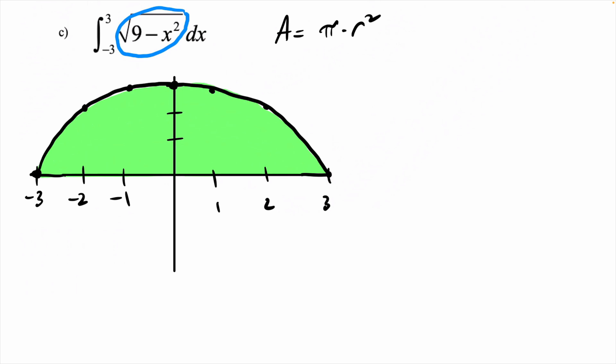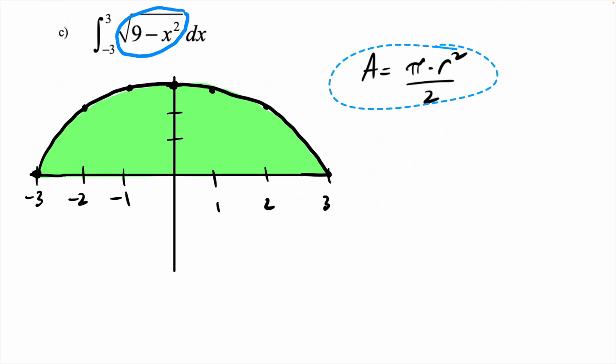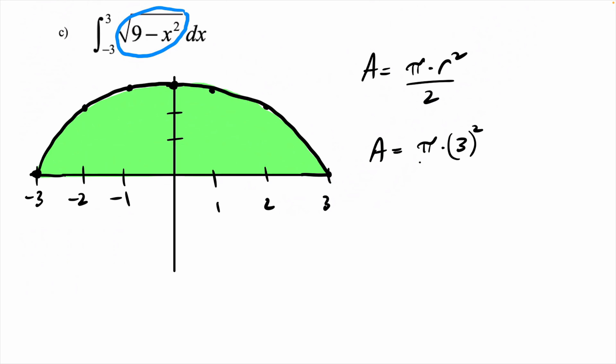For a half circle, divide that by 2. So we have a circle with a radius of 3. So we have pi times 3 squared divided by 2. So 9 pi over 2. Leave it like that.